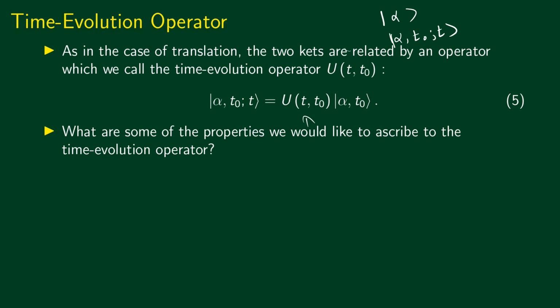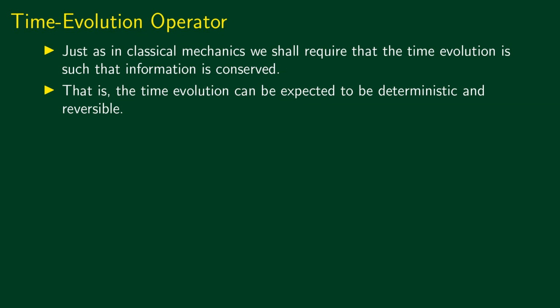It was a very successful paradigm, and we would expect that something like that holds also in quantum mechanics. So we can ascribe some properties to this operator in such a way that this time evolution is both deterministic and reversible. Just as in classical mechanics, we shall require that the time evolution is such that information is conserved.